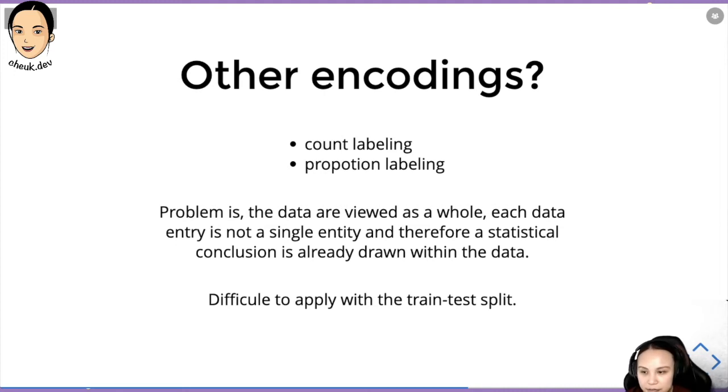But all of them actually have a problem: you have to carry this statistical analysis as a whole. So you carry this data as a whole. Sometimes you're injecting some information that you have drawn from the analysis of this data. This becomes tricky in real life, because, remember, we have the train test split.